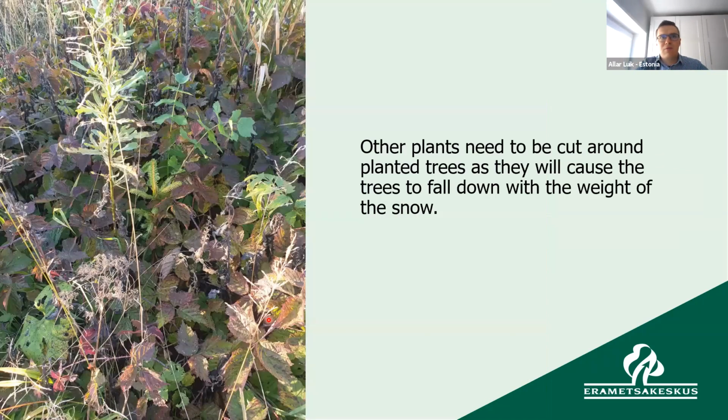Now, if we have young plants growing, we can often have this problem that there are other plants next to these plants. Here you can see a small spruce that you can hardly find. And even in this place, I took this picture 1 week ago.